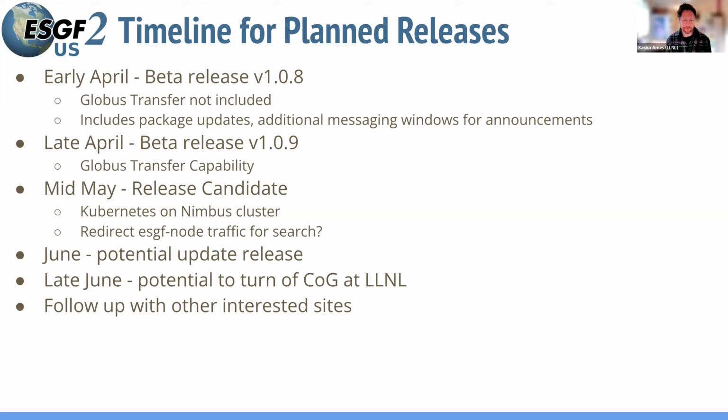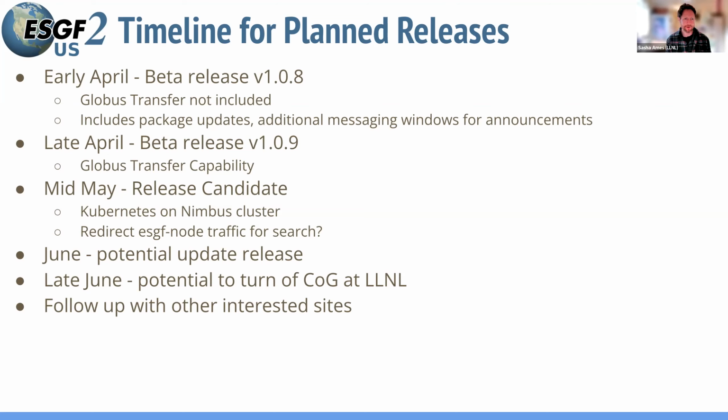This is the big release, where normal traffic that goes to the ESGF node LLNL site would arrive at Metagrid instead, but we might not necessarily turn off COG. It would just be kind of hidden. So if you really prefer the old experience, you can still use it for a while, but we can't run it forever.